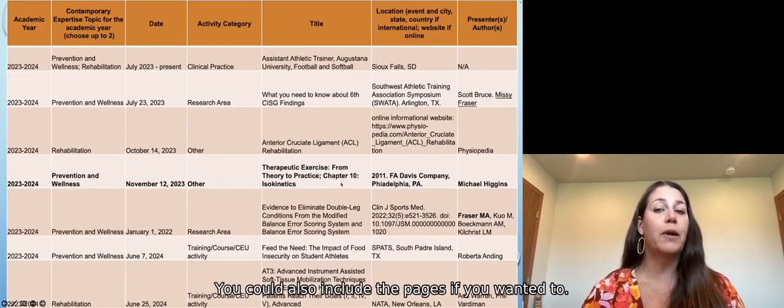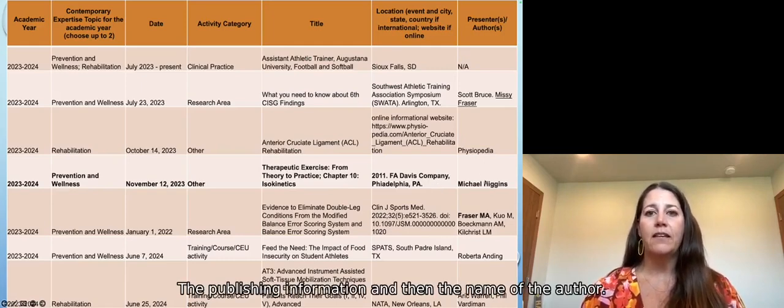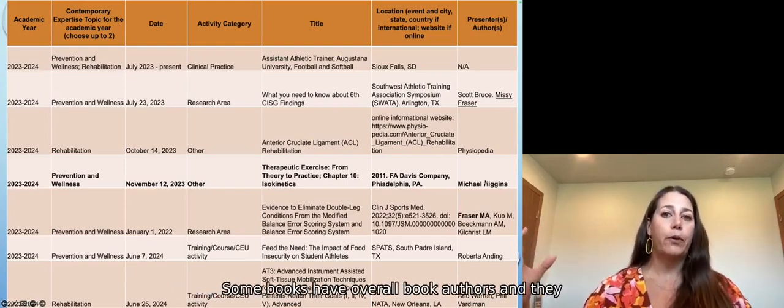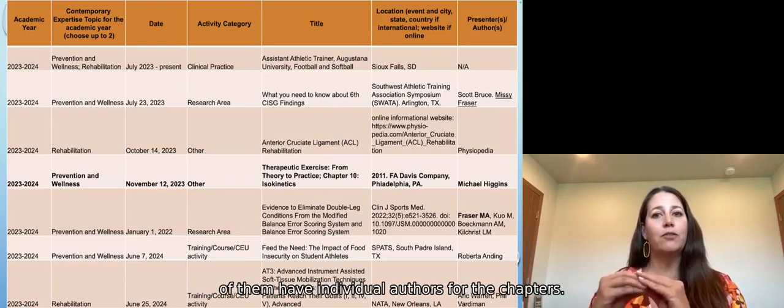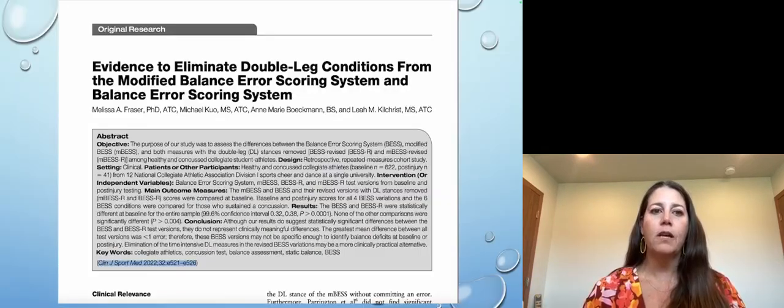You could also include the pages if you wanted to. The publishing information, and then the name of the author. Some books have overall book authors who authored everything in the book, and some of them have individual authors for the chapters. For that, you would put the chapter author if it wasn't the same person.